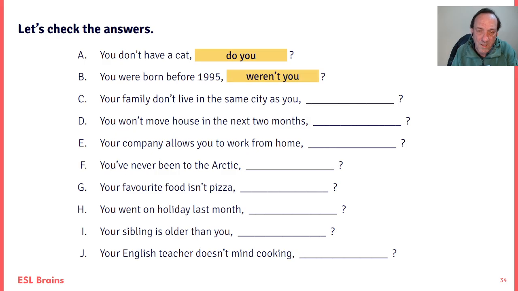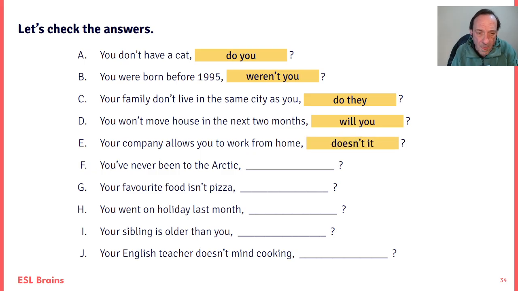Your family don't live in the same city as you, do they? You won't move house in the next 2 months, will you? Will becomes won't. Your company allows you to work from home, doesn't it? Okay. You've never been to the Arctic, have you? Your favorite food isn't pizza, is it?